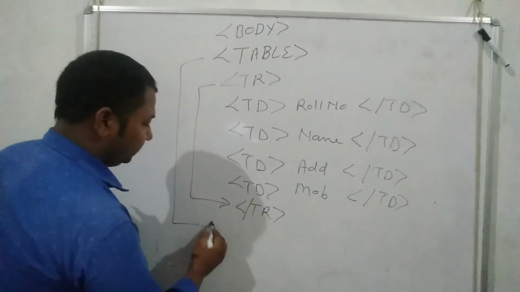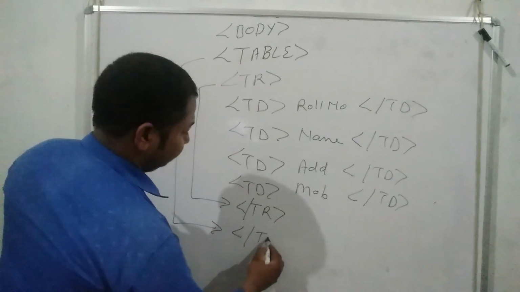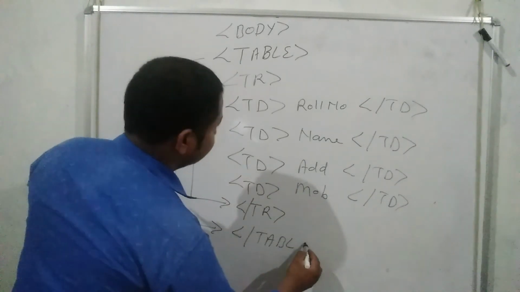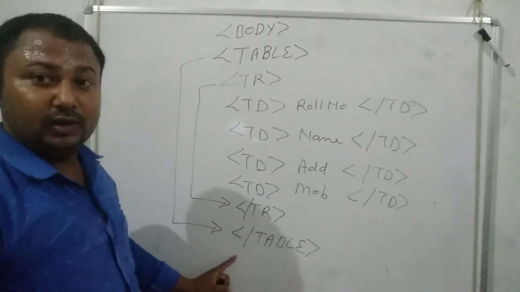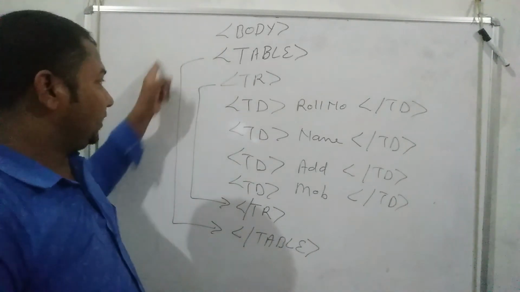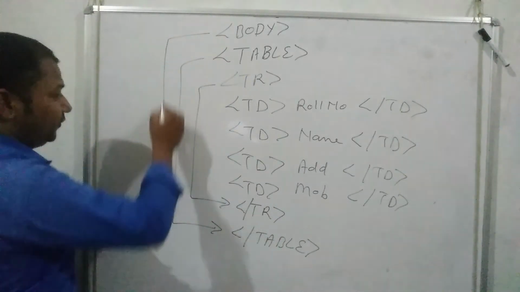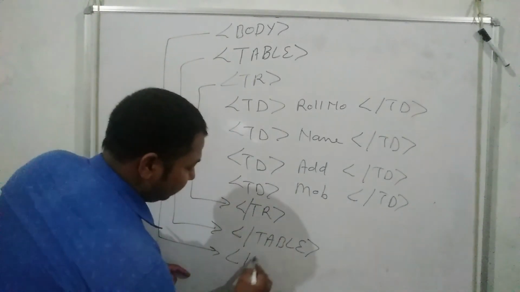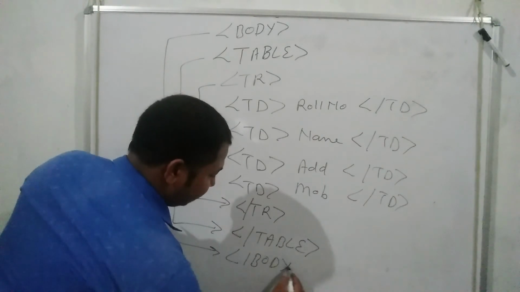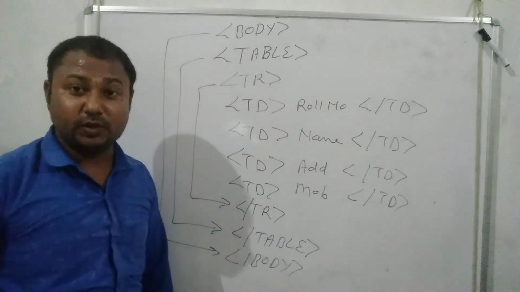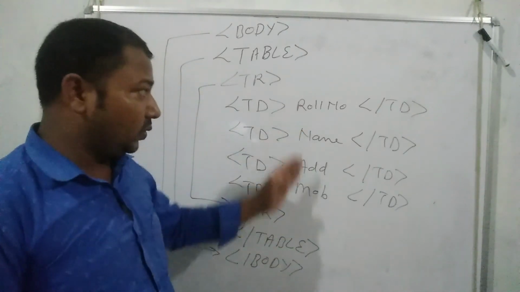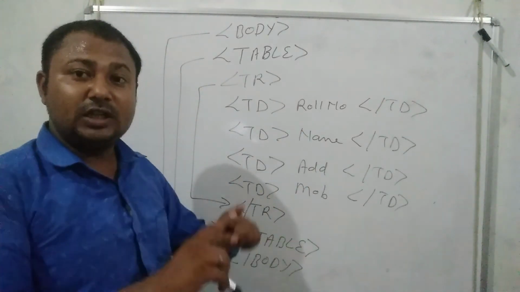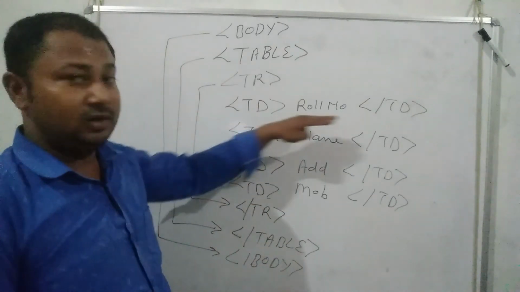This table will close at the end of the table, and after that your body will close. When we run this code, you will get a table with a row.